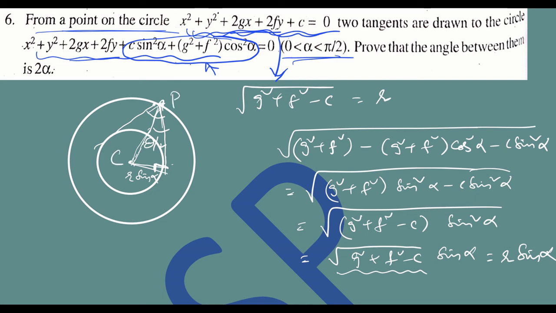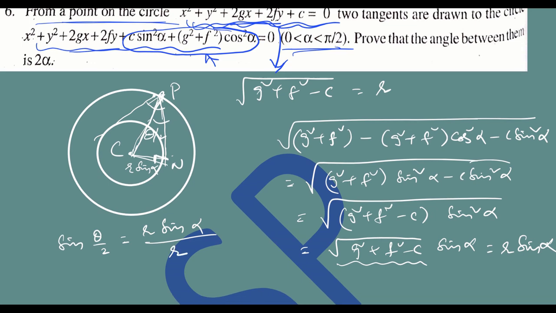This is C, point is P, let the foot be N. In the right angle triangle CNP, sin θ/2 if I take, it is opposite side by hypotenuse. Hypotenuse is CP. We know that it is nothing but radius of the big circle, which is R.